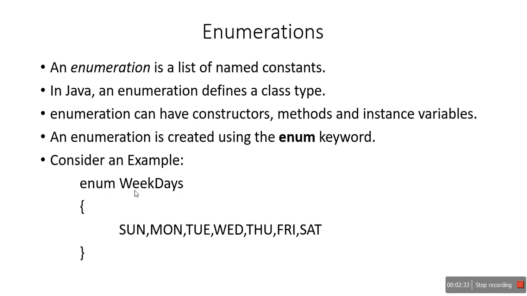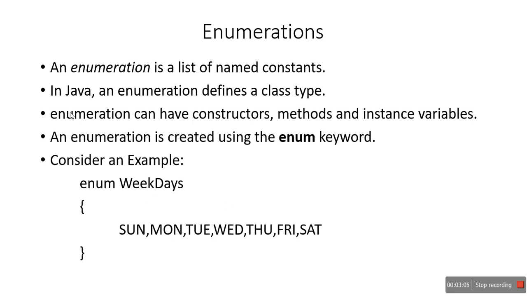You can create an instance variable for these weekdays, as I declared weekdays as an enum type in the example. How is it possible to create an instance variable for weekdays? Because, as I said, the enum acts as a class type. That is why it is possible to create an instance variable for this particular weekdays.